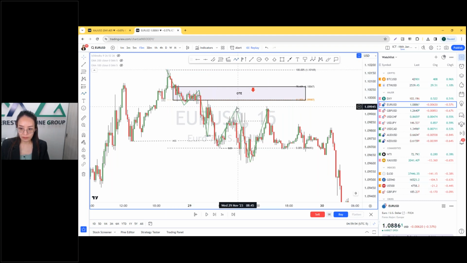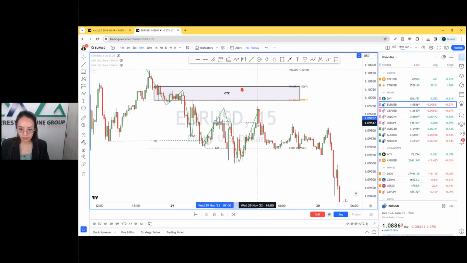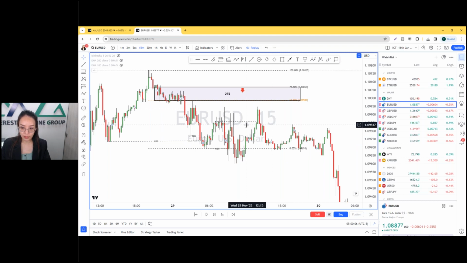If they were to read the market like that, you might get tapped out. You might think that price has already broken this high, and then you think that from a downtrend you're going to an uptrend because you marked this as a market structure shift, right? Actually it's not, because the high you need to draw from the wick.